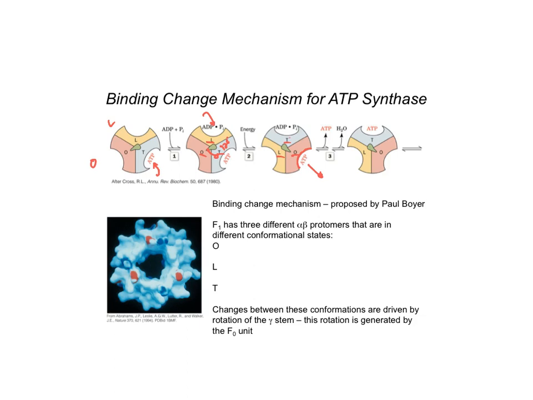Also, what's going to happen is that hydrolysis occurs when we're in the tight conformation, right? So we had ADP and Pi bind, we changed it into the tight, and so that's going to structurally make those two come together, and we're going to get the synthesis of ATP in the tight, okay? At that point in time, again, we have our nice loose form, it's open, it's ready to bind ADP and Pi.